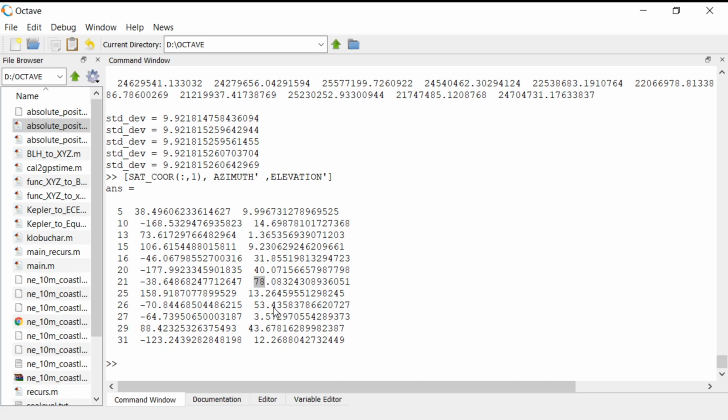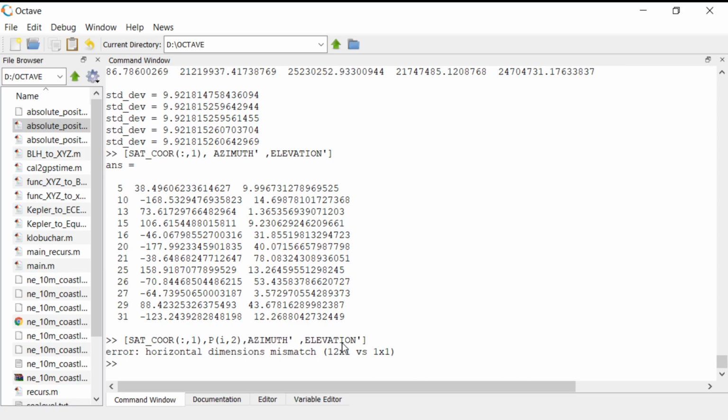So that's why these have longer distances. Let's have a look at the distances, for example, the measurement.